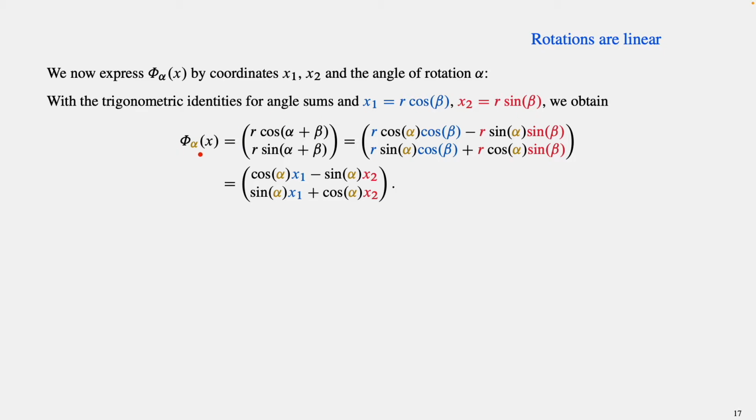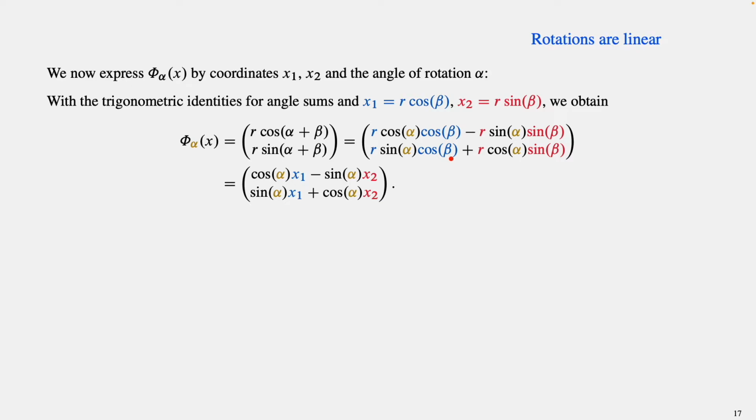Now phi alpha of x is the vector with coordinates r cosine alpha plus beta and r sine alpha plus beta. Applying trigonometric identities for angle sums, we find that this is r times cosine alpha times cosine beta minus r times sine alpha times sine beta, and the second coordinate is r times sine alpha cosine beta plus r cosine alpha sine beta.